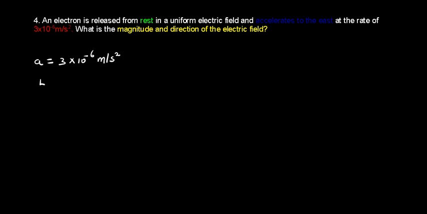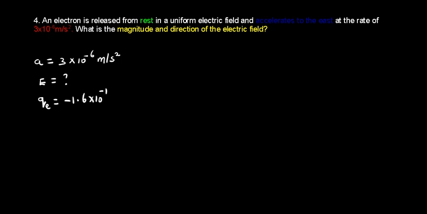We don't know it. But remember, we are talking about an electron, so let's look at the charge of the electron, Q_e. The charge is negative 1.6 times 10 raised to the power negative 19 coulombs.